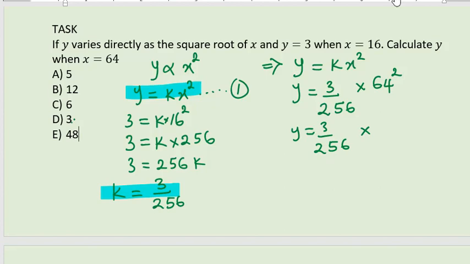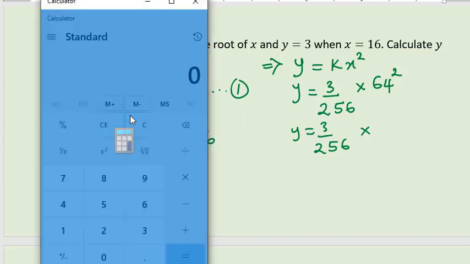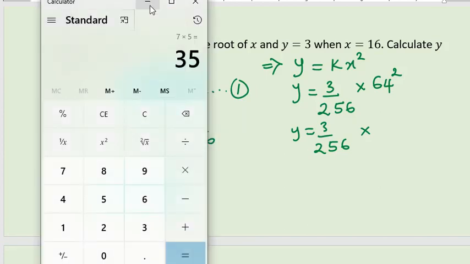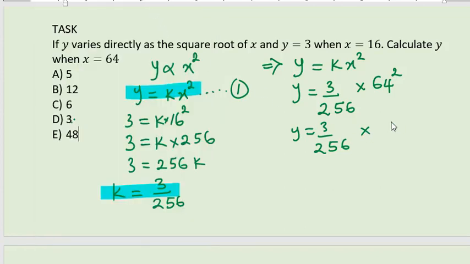Let's get our calculator and figure this out together. Just a moment. Okay, 64 squared is 4096. Okay, so we have 4096.